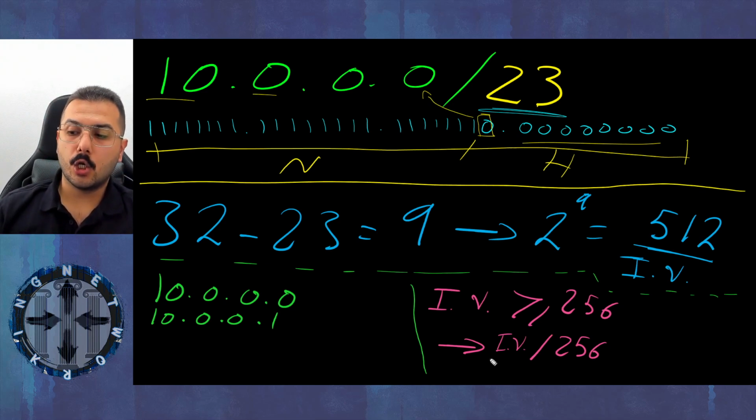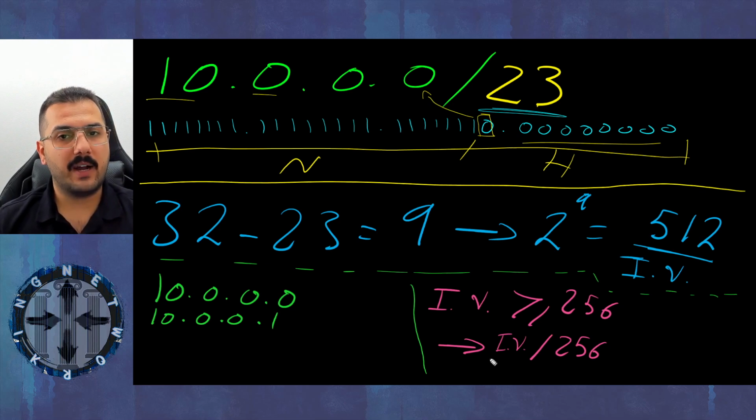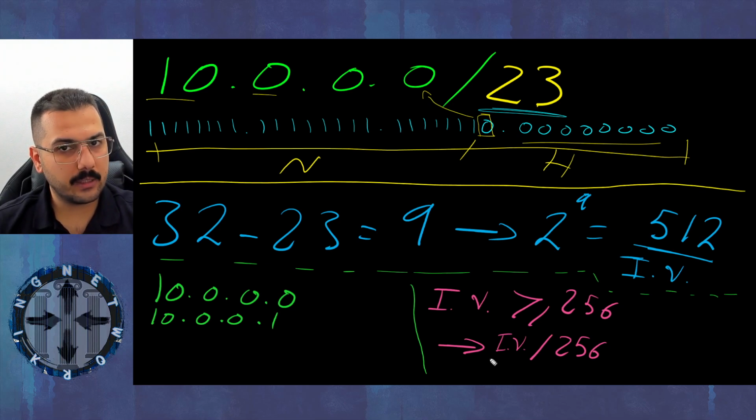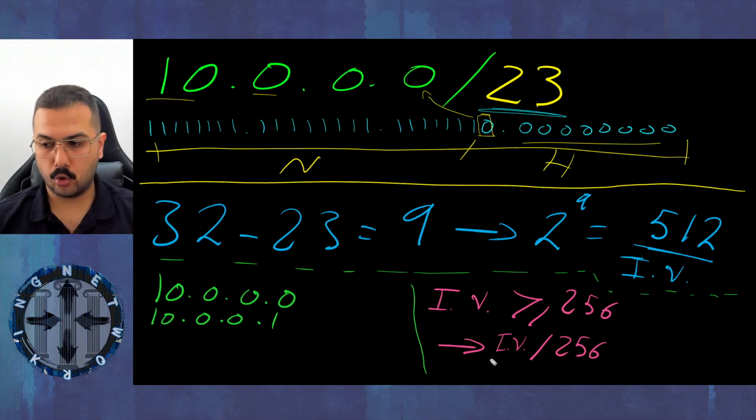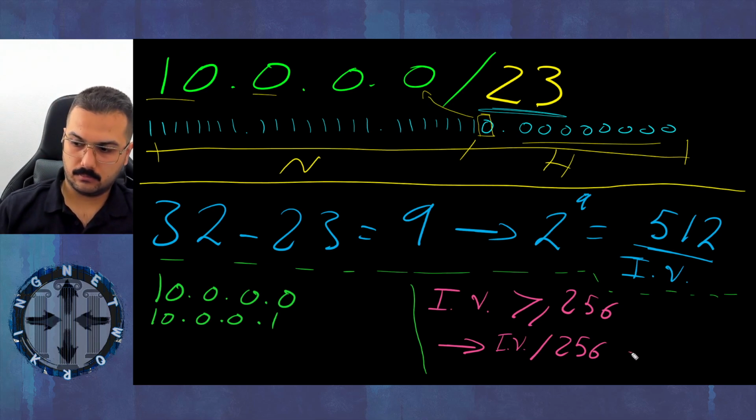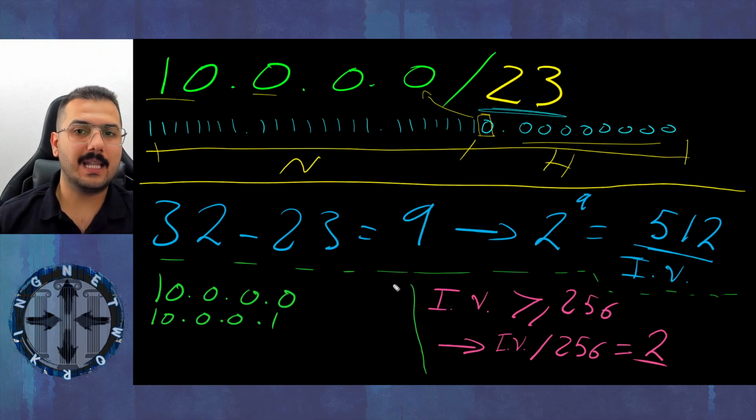So 512 divided by 256 equals, use a calculator, help me, it equals 2. It equals 2. 2 is the number of octets that should be filled.